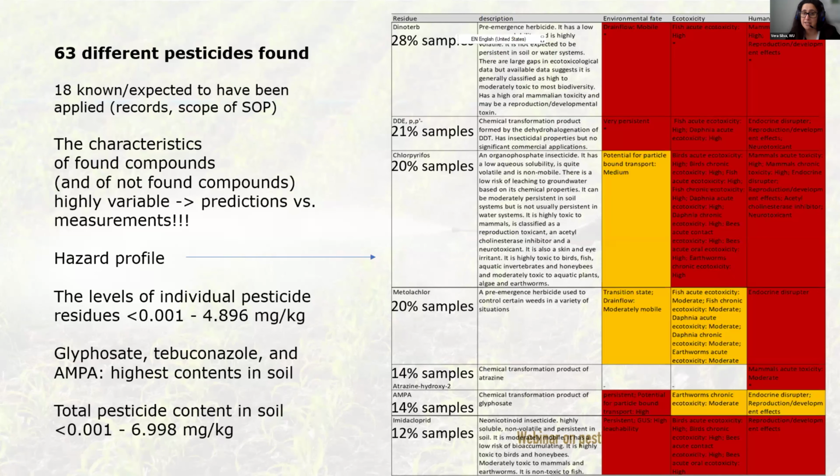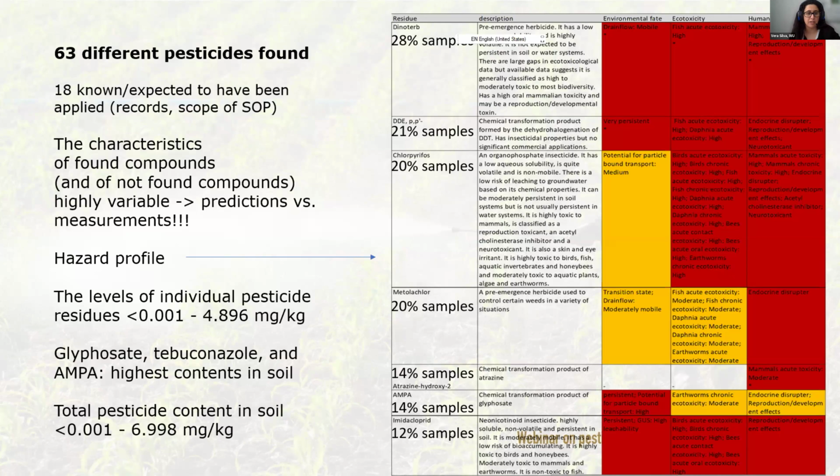And here, the red in this table indicates that there is evidence or high uncertainty and concern about this impact. So for me, it was quite confronting that we do see that the most common ones are actually of high concern.